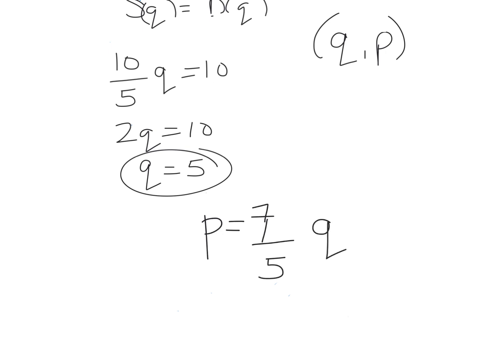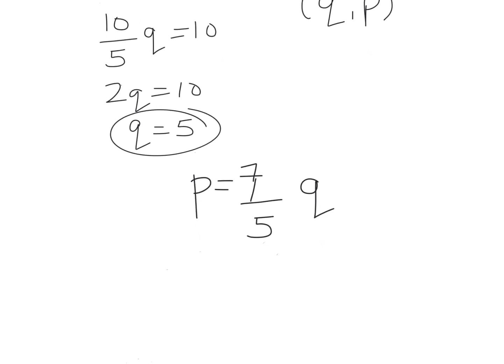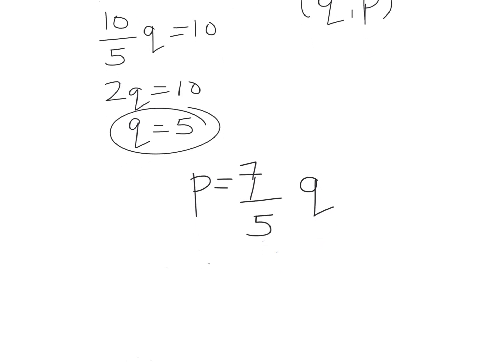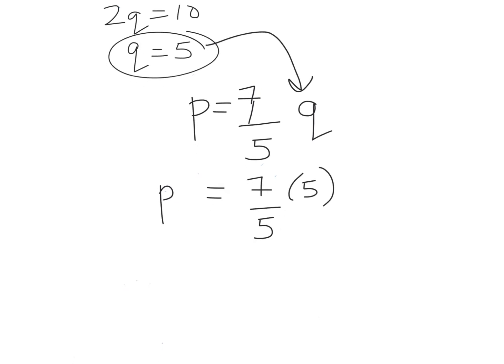It's only one term, so I'm going to pick that supply function to use. In this case, we found that Q is 5, so I have 7/5 times 5, right? And so P is 7, yeah?